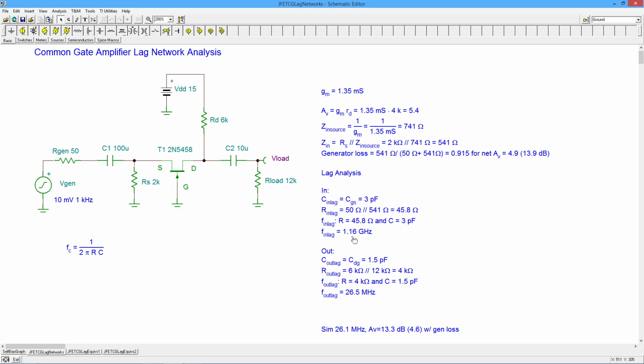But that's okay. Like I said, you're not going to get performance up in this range. You're not going to get 1,000 megahertz out of a little small signal FET like this, right? The important thing is that the typically dominant network, this is the output network, comes out really nice, 26.1 megahertz versus 26.5.